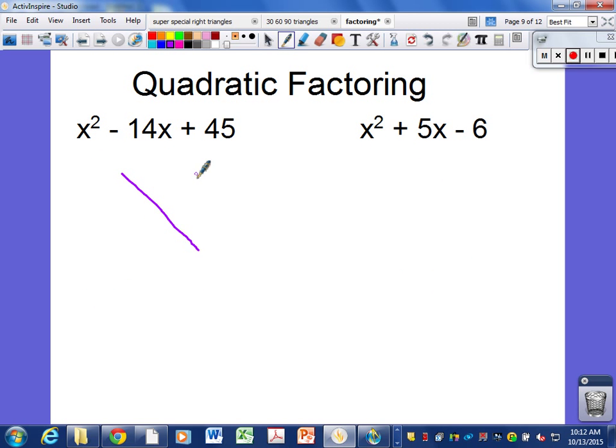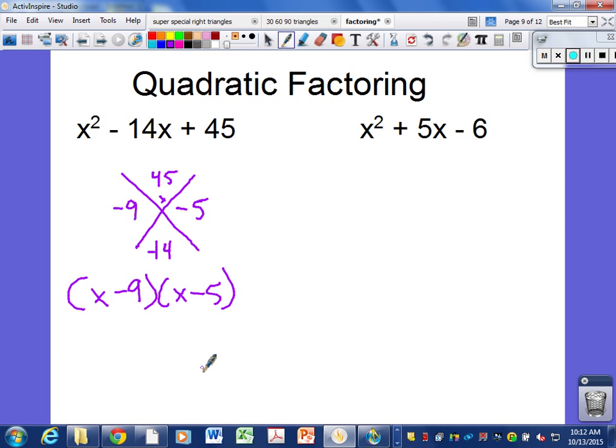So here we're again, what numbers multiply to give you 45 and add to give negative 14? Negative 9 and negative 5. Okay, that's the only way to multiply to get a positive and add to get a negative: if they are both negative. So x minus 9 and x minus 5 are your factors.